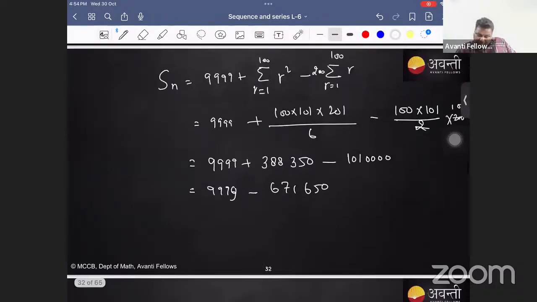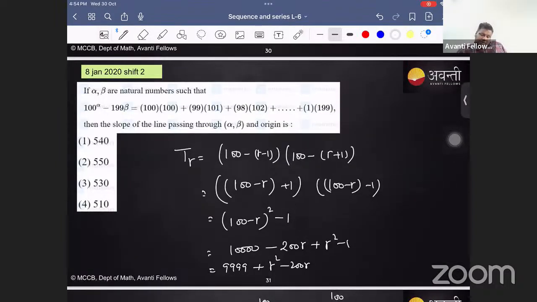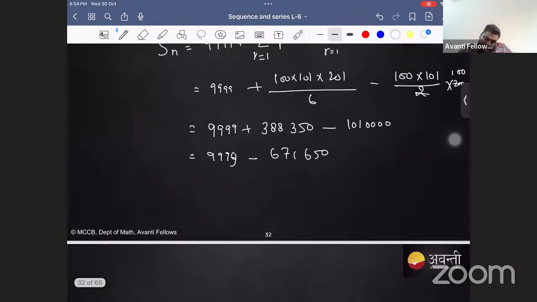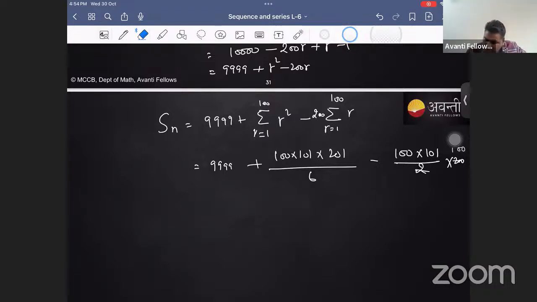I think I should write the question somehow in this certain form. 100 to the power alpha minus 199 beta. Okay, if I modify it a bit, see this term, this is basically 10,000 minus 1, that means 100 square.